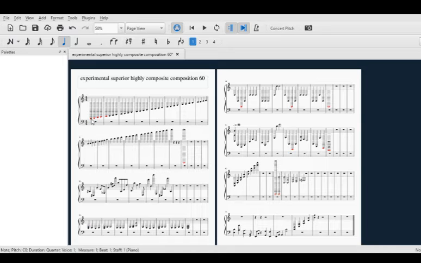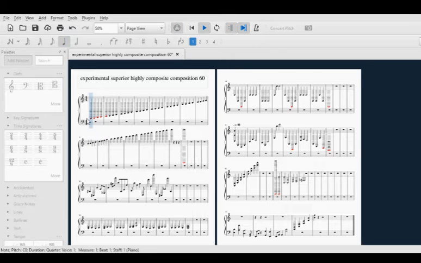So this is what I guess the 60 tone scale would sound like.